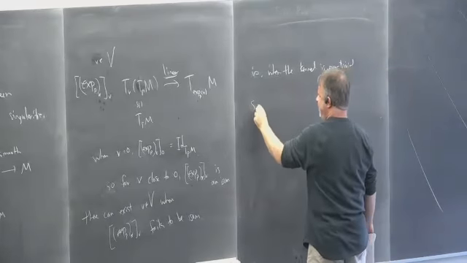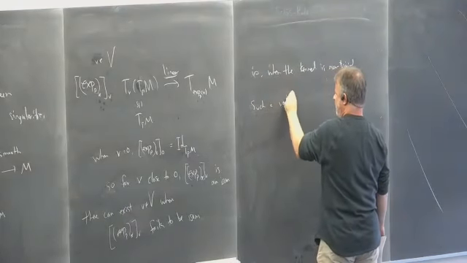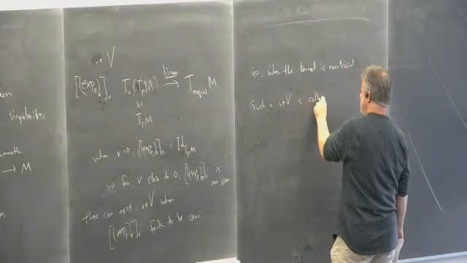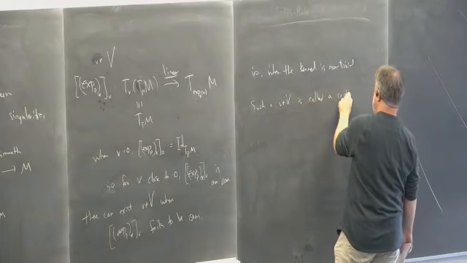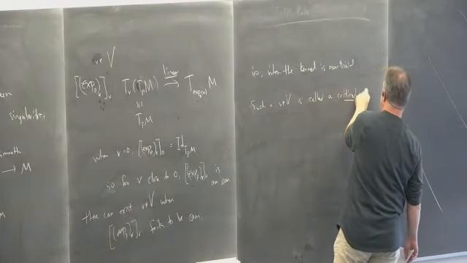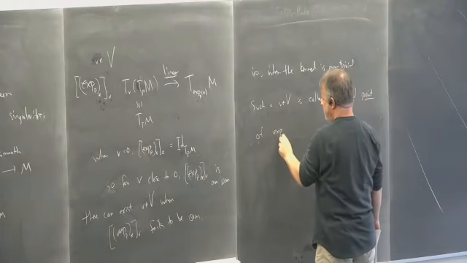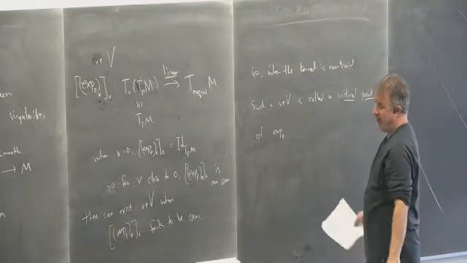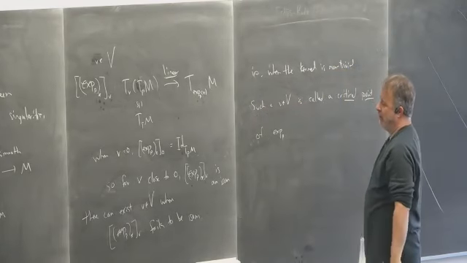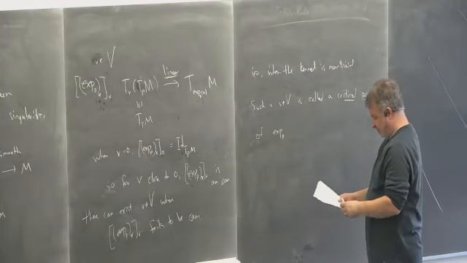Okay, such a V is called a critical point of XP. So it has to be in the domain of XP, obviously, but it's a point where the pushforward has a non-trivial kernel.